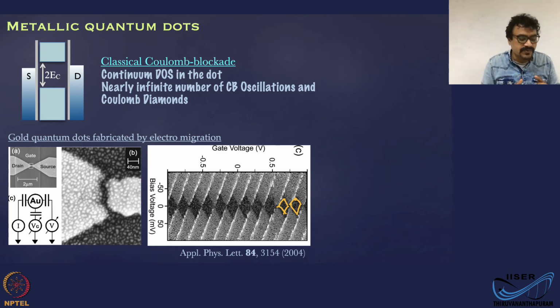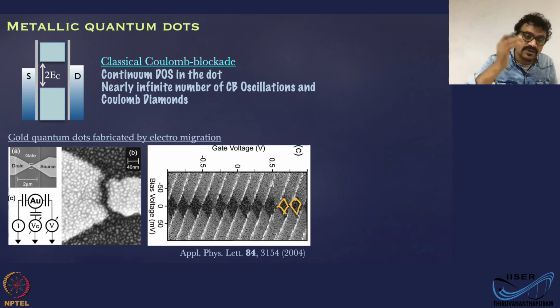So you will get identical looking diamonds, an infinite number of diamonds. You can swing this gate voltage in a very large range, and you still keep on getting diamonds. But that is not always the case. This is the case when you have a metallic quantum dot.